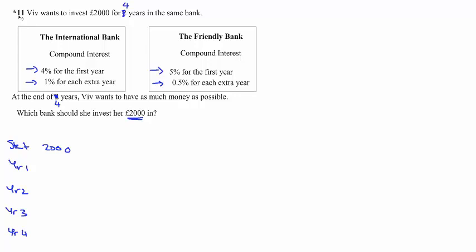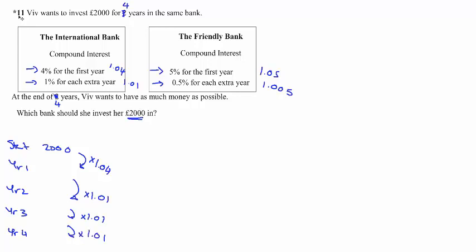So let's find our decimals. If you want to increase by 4%, this would be 1.04, this would be 1.01, this would be 1.05, and this one would be 1.005. So for this one, you would have to times by 1.04, then times by 1.01.